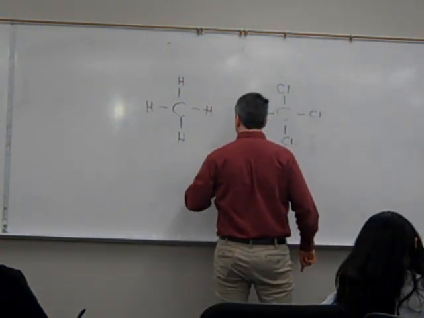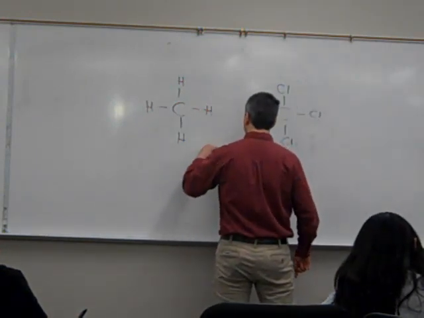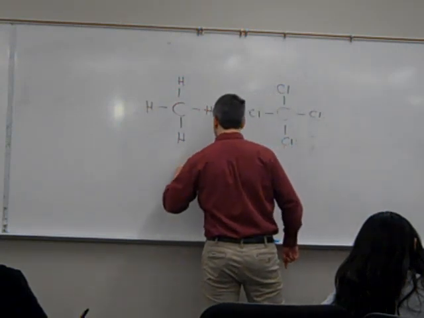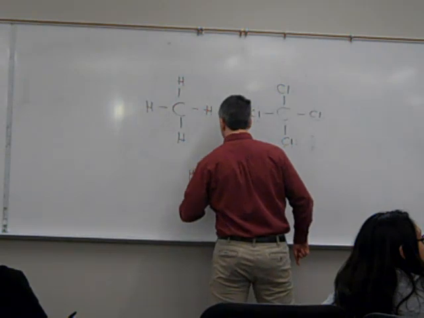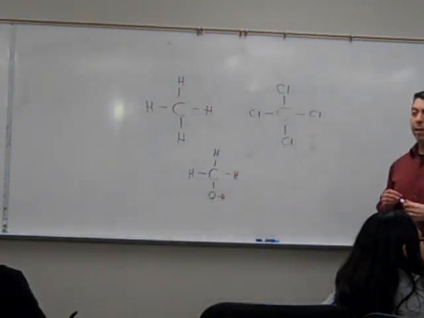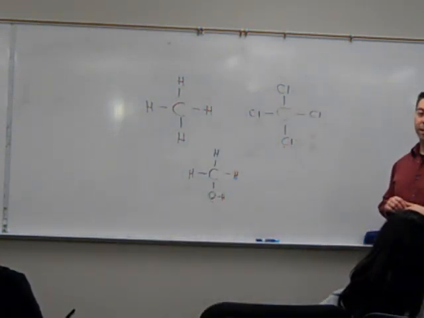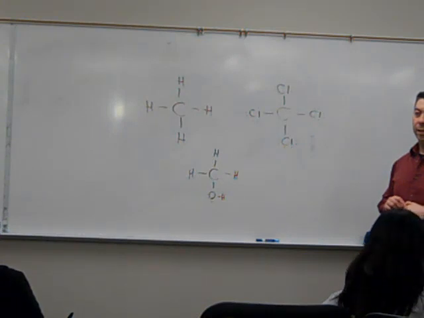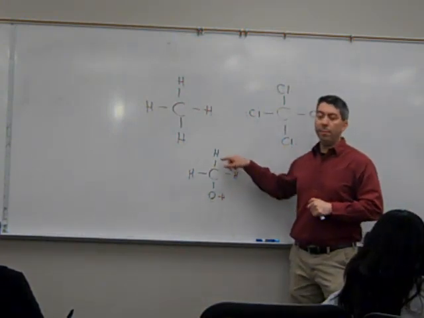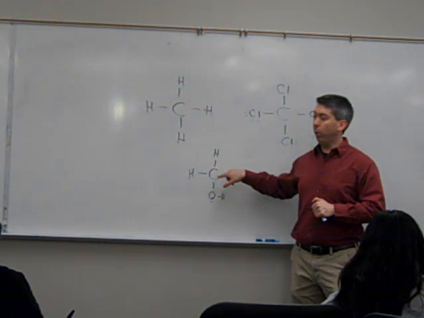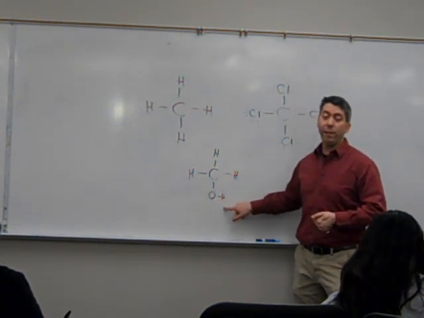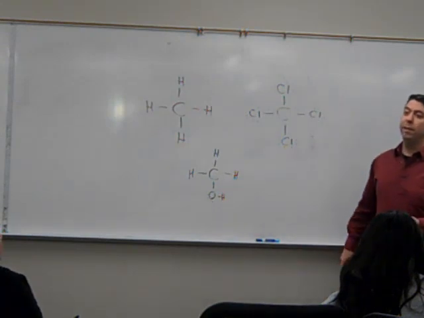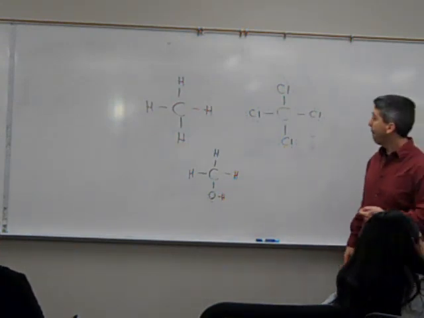What about if I have something like this? Polar. Why? Because it has a different atom attached to the central atom. All the atoms bonded to the central atom are not the same anymore. One of them is oxygen. And actually this one has an OH, so this would technically be hydrogen bonding.